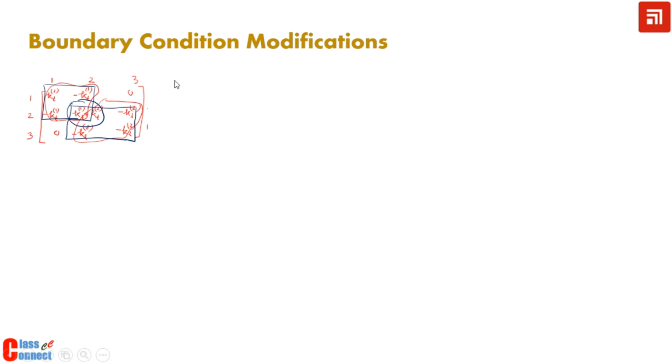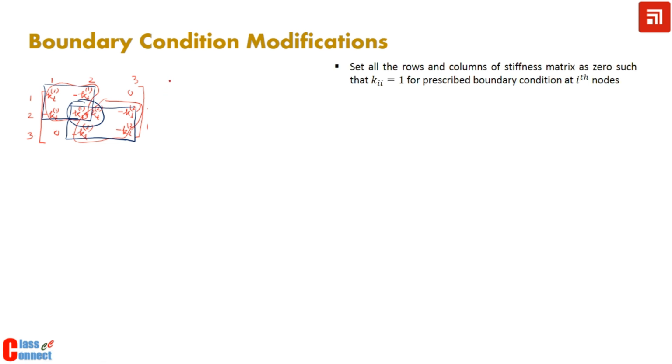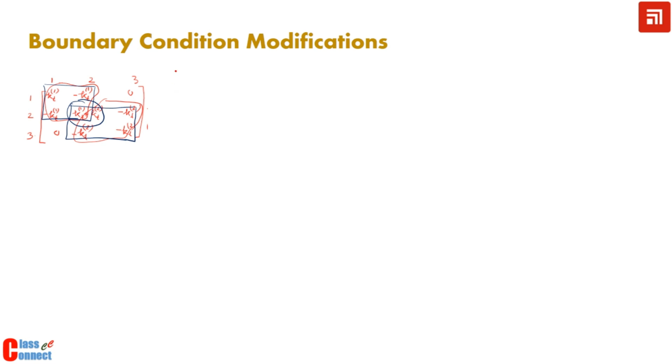If we expand this for a 5 noded case, then we can write it like this. Here we will have k1, minus k1, then all 0, because we have 5 nodes and 4 elements.